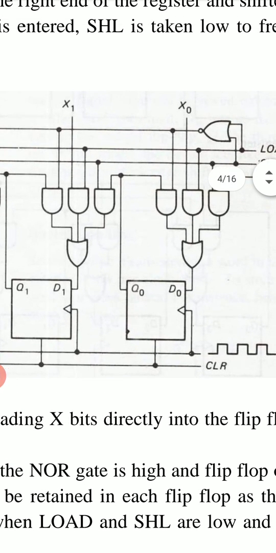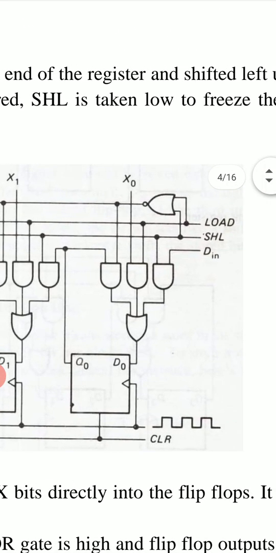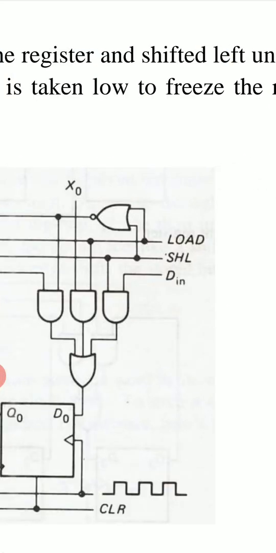So the word is retained when load is 0 and SHL is 0 because the left AND gate will be enabled and the other AND gates are disabled. And if we want shift left action, then we have to keep SHL as 1. When SHL is 1 and load is 0, the circuit works as a shift left register and this D in bit will be shifted to the left for each positive edge that arrives.